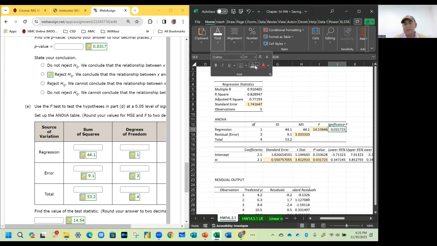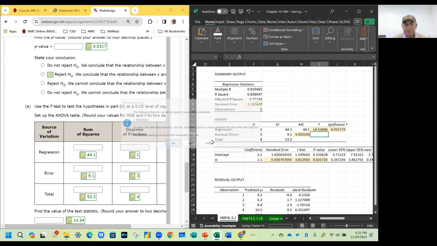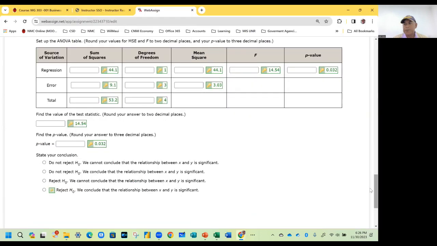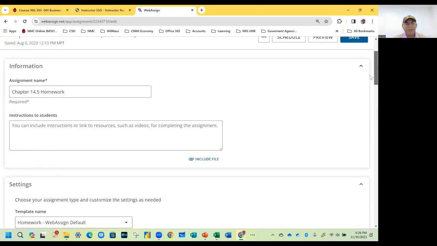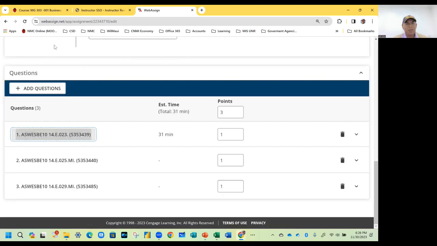Okay. Save it. So that was for section 5, problem 1. And for the rest of them, I think it's probably similar, no?